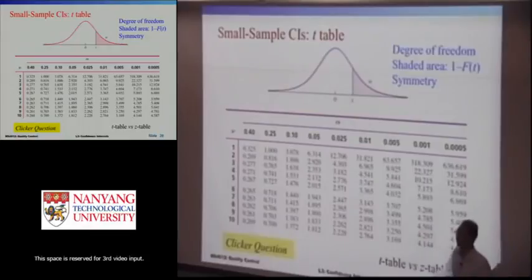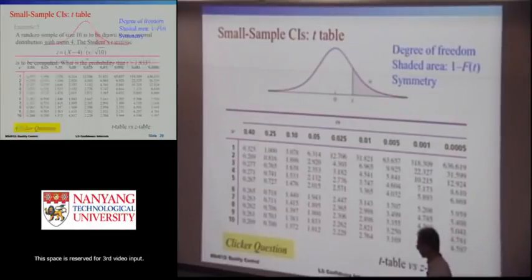So do remember the degree of freedom is n minus 1. N is the sample size.